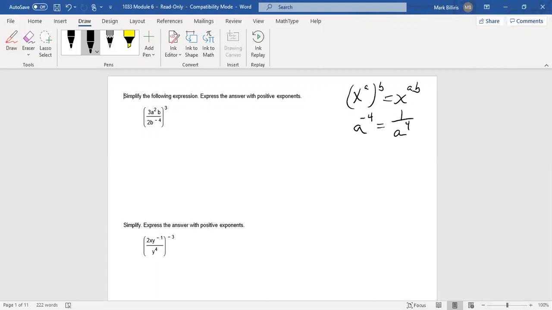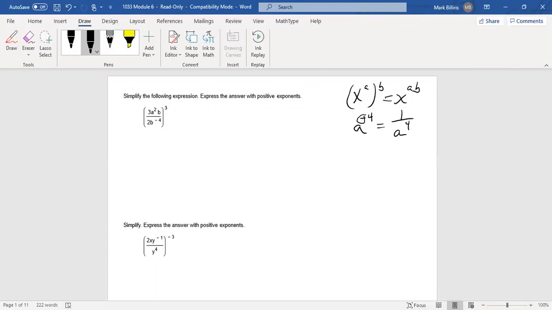All that the negative does as far as the exponent rule is tell us to take the reciprocal of this base. So notice it changed from a negative exponent to a positive exponent when it was moved into the denominator after we took the reciprocal.